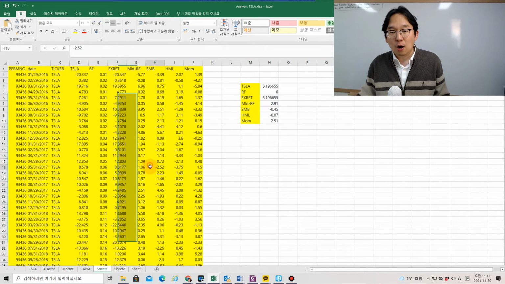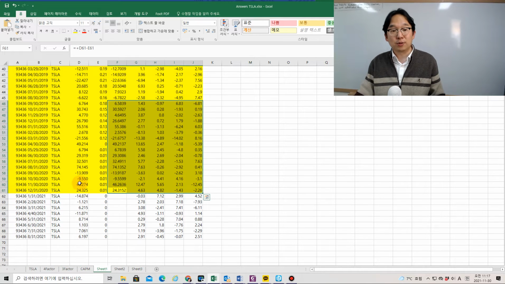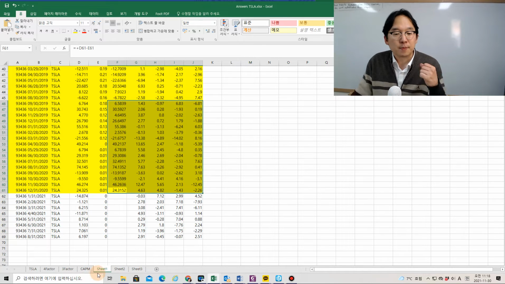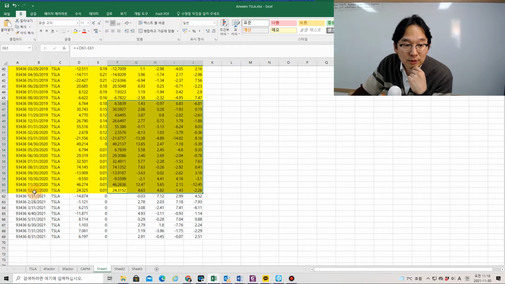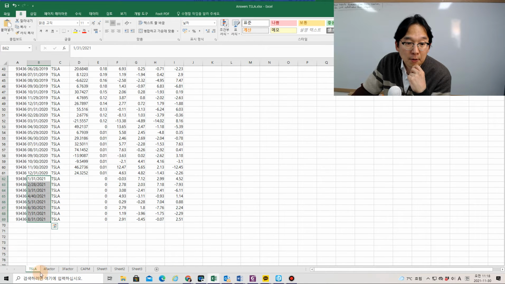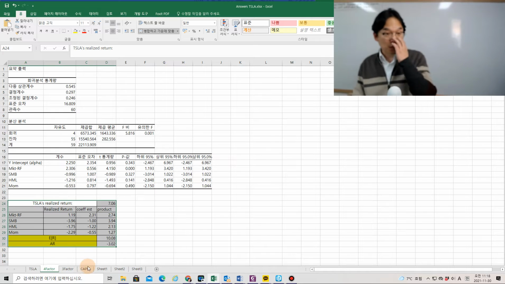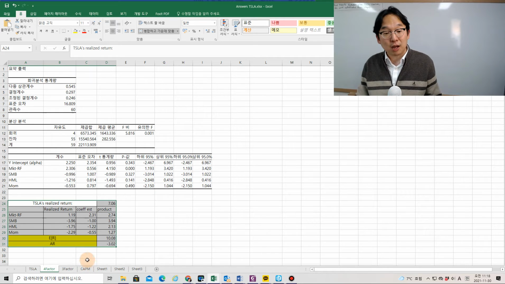Okay, so if you run a regression based on these data, I intentionally cut off over here, anyway, until 2020, right? What would you do? Well, I ran 4-factor models by running regressions in Excel, and you will get these results, right?